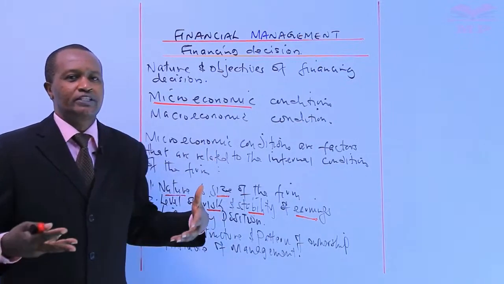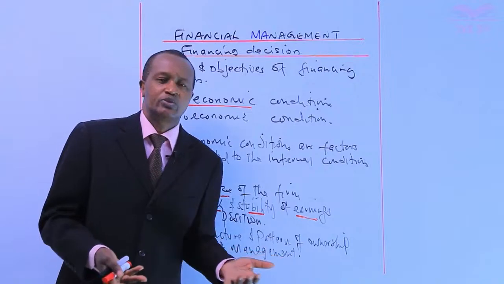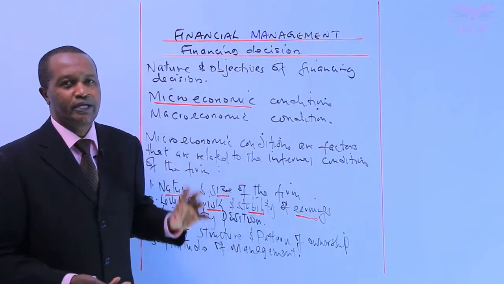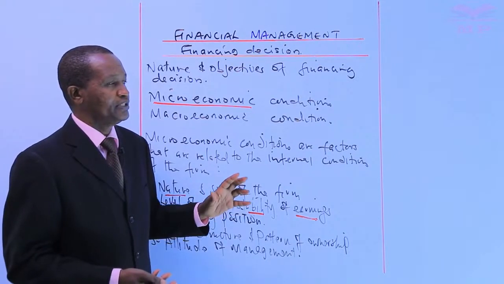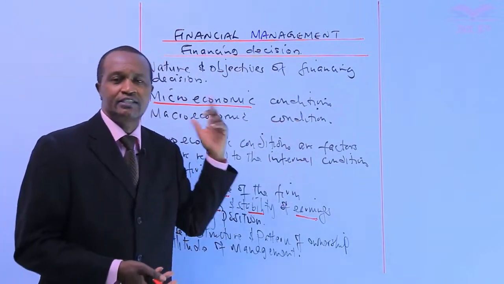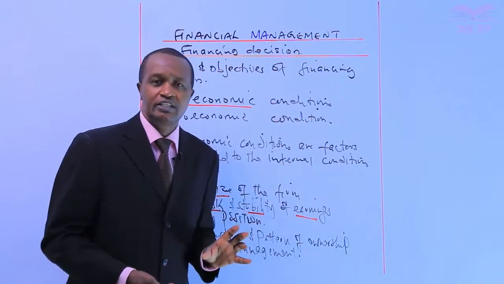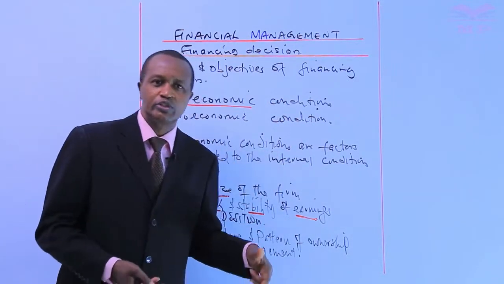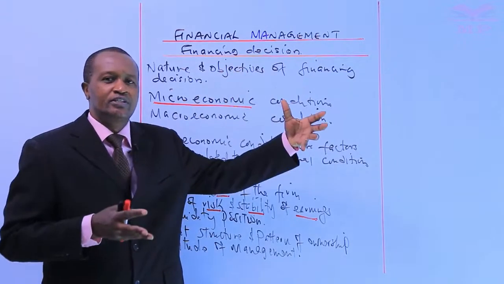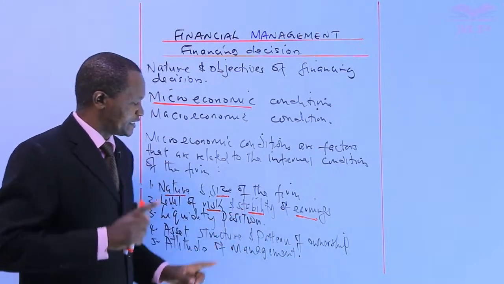The working capital requirements. Working capital requirements relate to things like payment of salaries, paying trade payables and debtors, paying day-to-day expenses, buying inventories and raw materials. Those are working capital requirements. If the working capital requirements are very large, then a firm may adopt a conservative dividend policy.